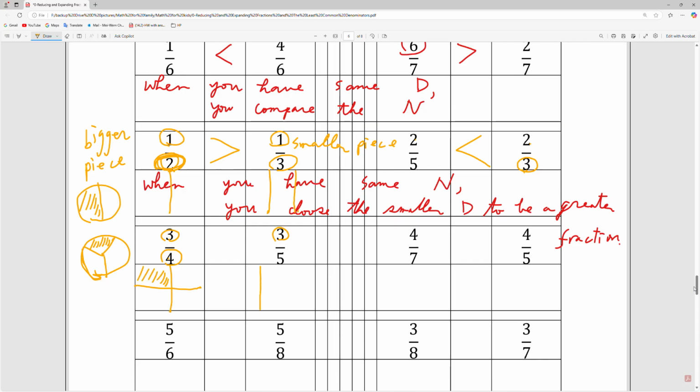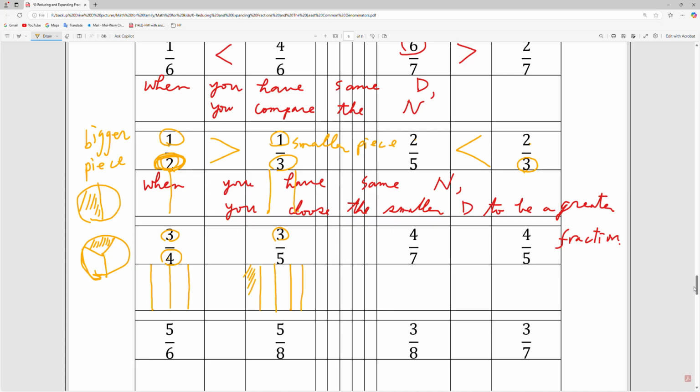And this one, let me draw the other way. Okay.